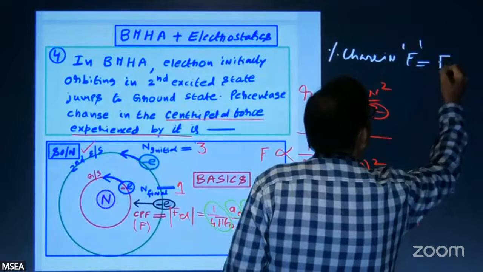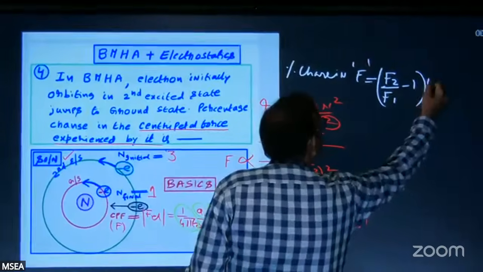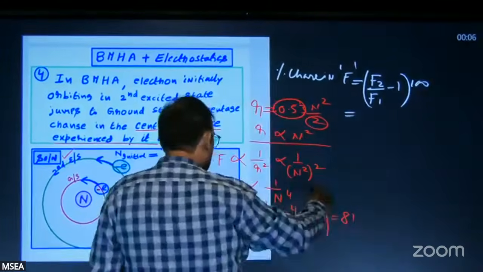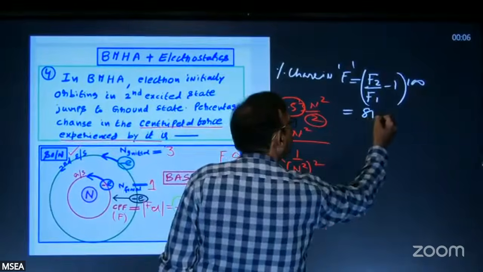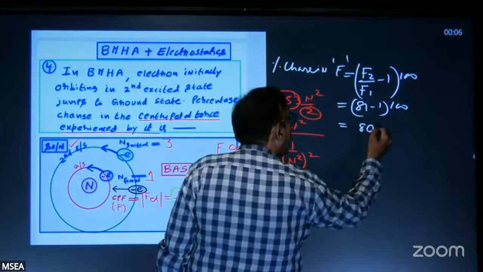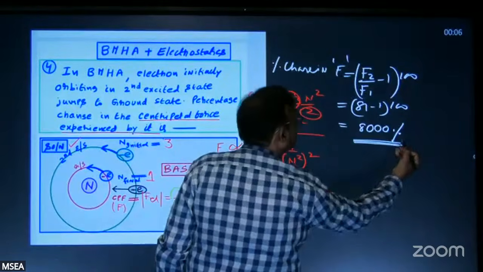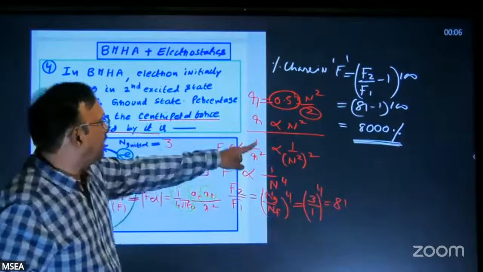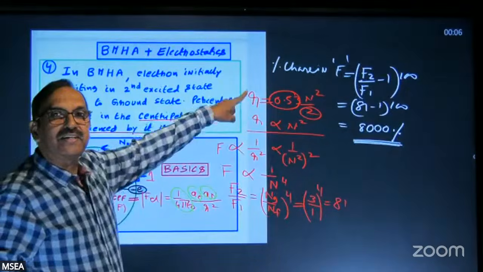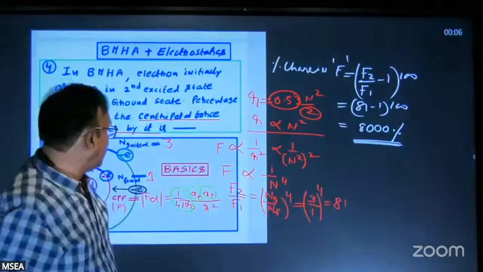So the percentage change in the force is F2 by F1 minus 1 into 100. We got F2 by F1 as 81, so 81 minus 1 into 100. The answer comes out to be 8,000%. This is the perfect answer: the percentage change in the centripetal force experienced by the electron is 8,000%.